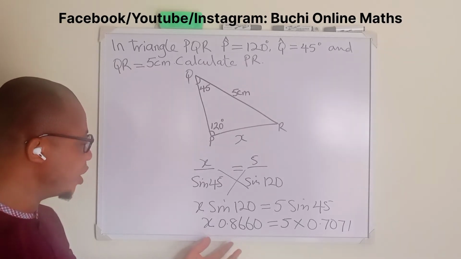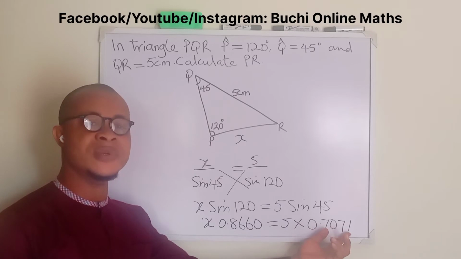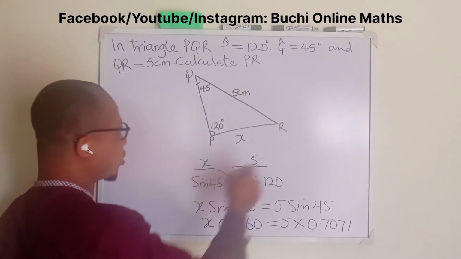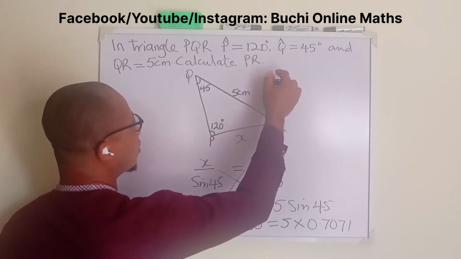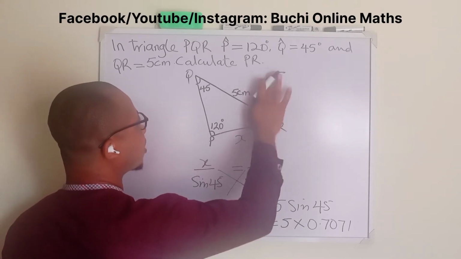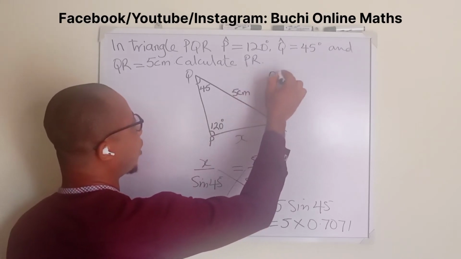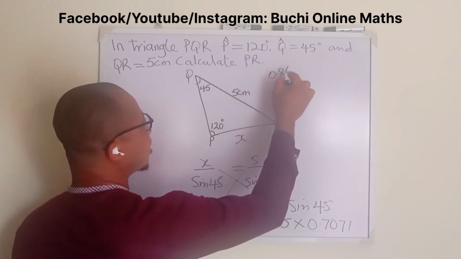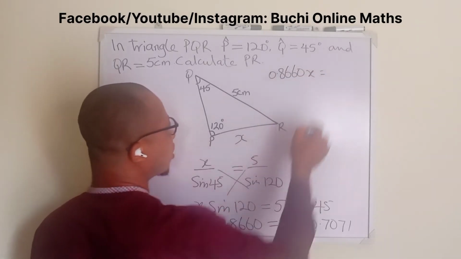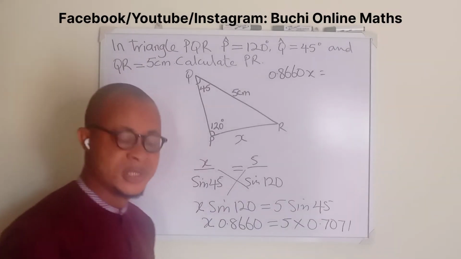What we do now is to multiply 5 by 0.7071, and we can continue from here. We say therefore 0.8660X equals, let's use 5 to multiply 0.7071.